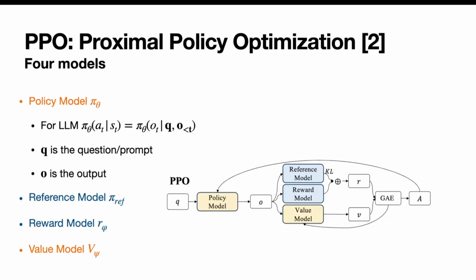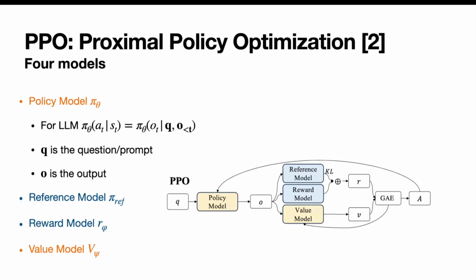At a high level, PPO works like this. First, the policy model generates an answer O from a prompt Q. Next, we compute a KL penalty by comparing the current policy to the reference model. We also score the answer using the reward model.